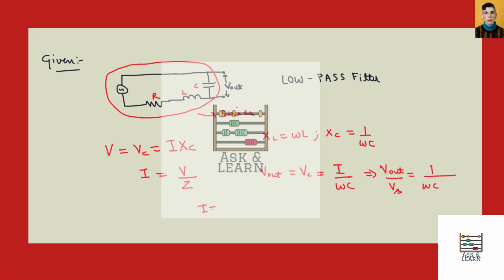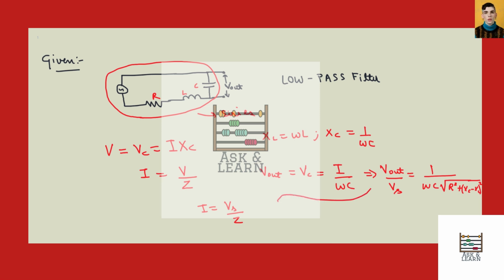So we have I equals VS over Z, so VS goes down here and we have Z here. This comes out to be the square root of R square plus XC minus XL whole square. So let me write it again.